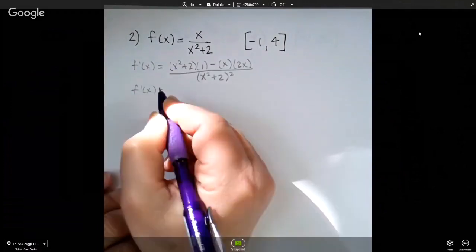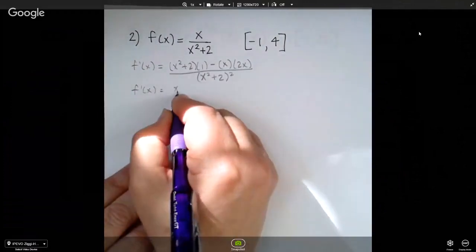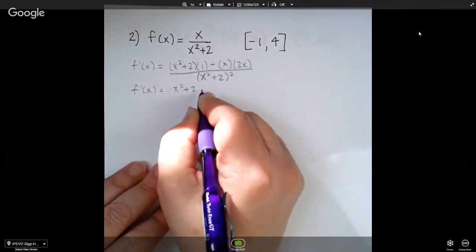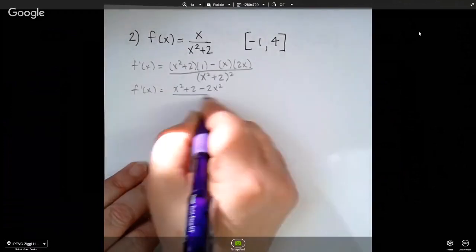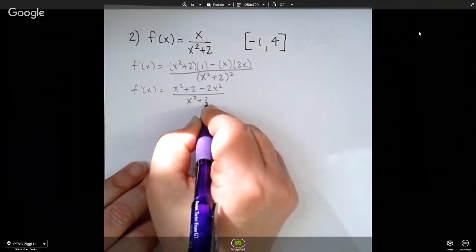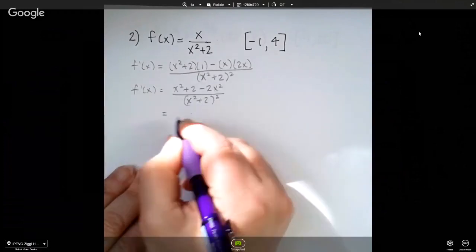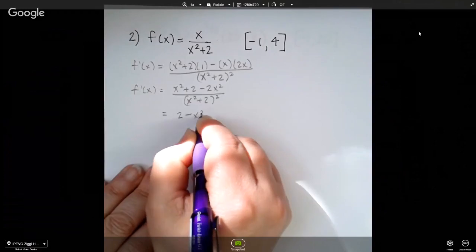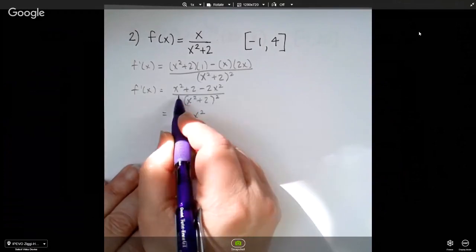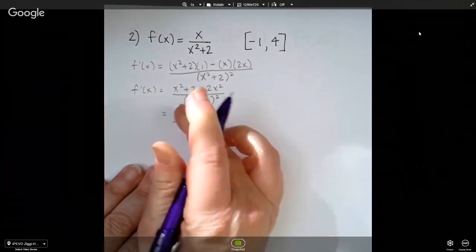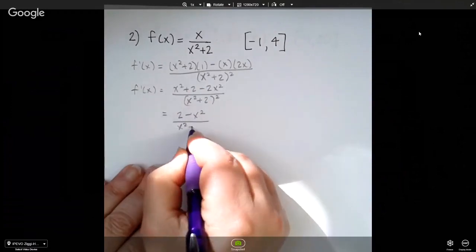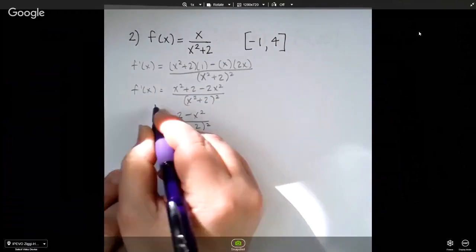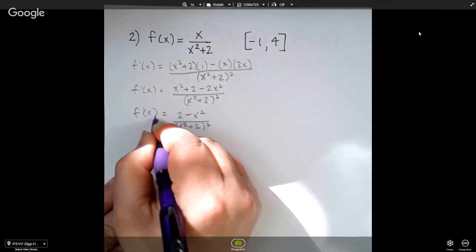F prime of x equals x squared plus 2 minus 2x squared, all over x squared plus 2 quantity squared, which gives us 2 minus x squared on top if you add those together to simplify, and then x squared plus 2 quantity squared as the denominator of f prime of x.